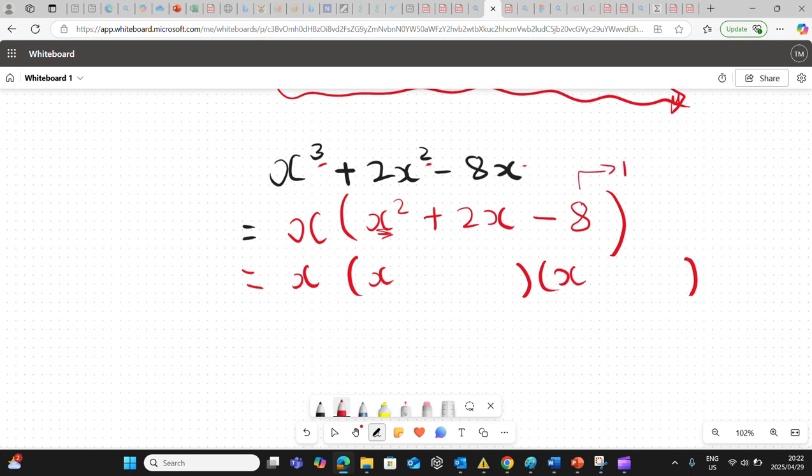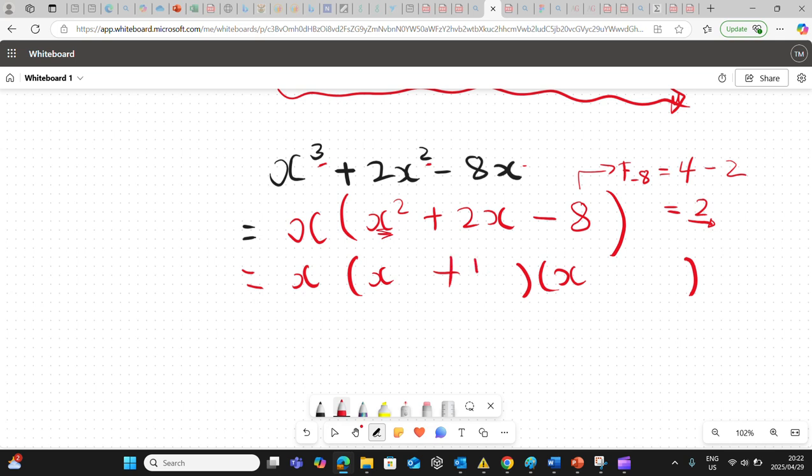factors of -8 that add to give me a +2 since it's a negative and the middle coefficient is a positive, so the 4 needs to be positive and the 2 needs to be negative, and that's how you end up with the +2.